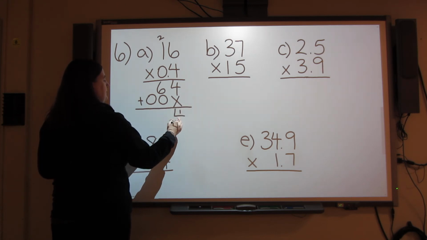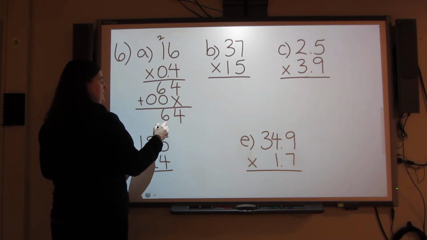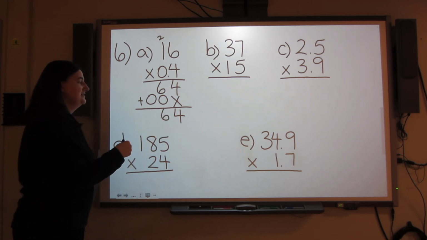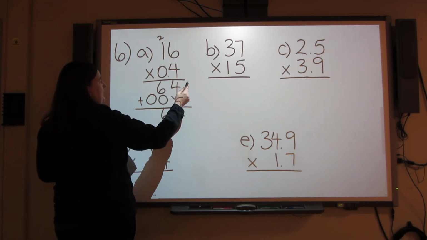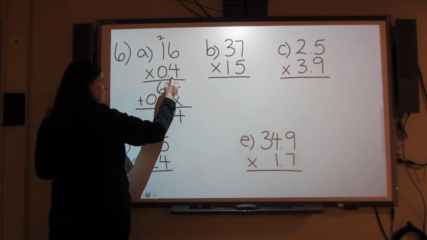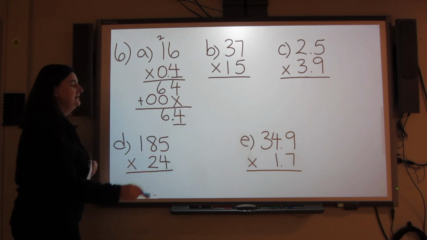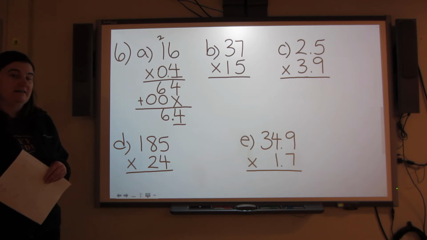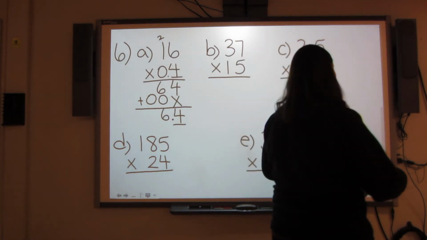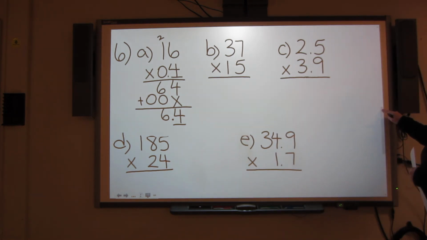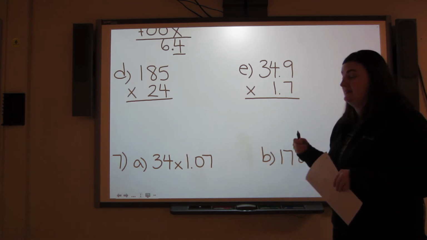So, 4 plus nothing is 4, 6 plus 0 is 6, and 0 plus nothing is 0, so we can leave that 0. Count your decimal spots. 1 decimal spot, 1 decimal spot, 6 and 4 tenths. Let's do D. Remember, you can pause the video if you need to write this stuff down.